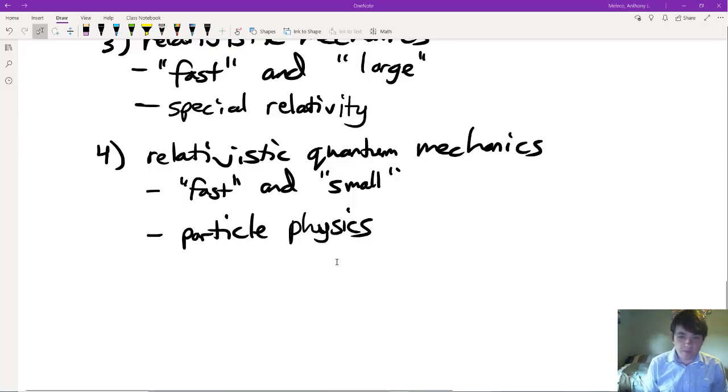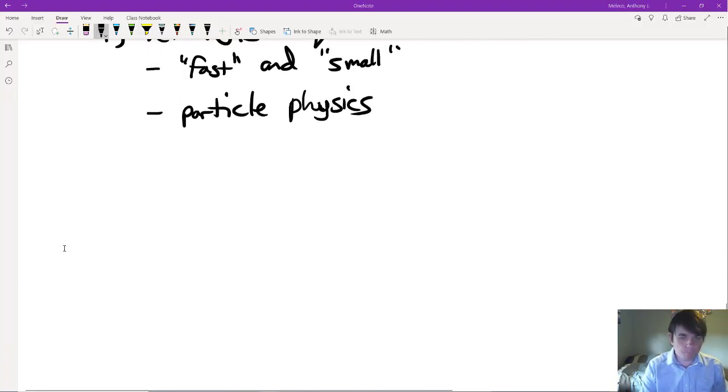So that's basically how physics is split up. The next thing we want to talk about is units. Units are important, because whatever it is you're talking about, you need to discuss it with certainty. You can't just say, oh, that's kind of big. You need to be more certain about that.